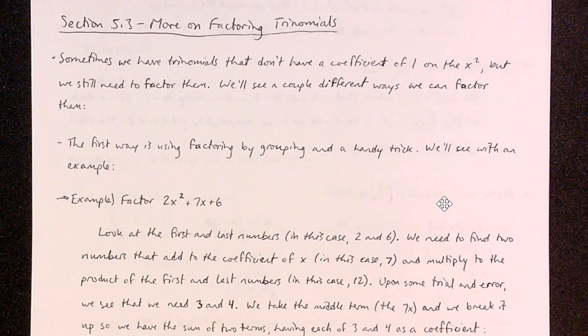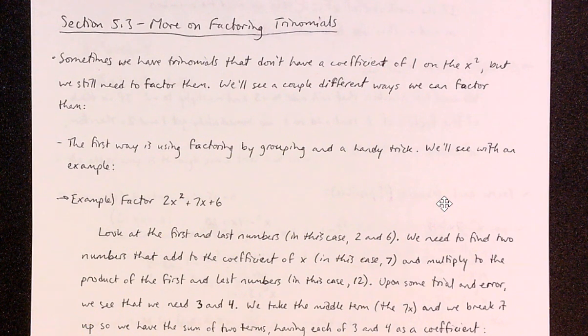In the previous video, we talked about some nice techniques that we can use to factor some nice trinomials. In this video, we're going to talk about some other techniques that we can use, specifically, though, to factor some not as nice trinomials. All the trinomials that we saw in the last couple of videos, the number in front of the x squared was always a 1.